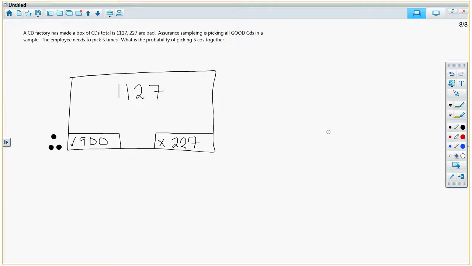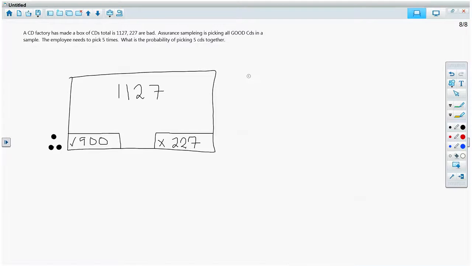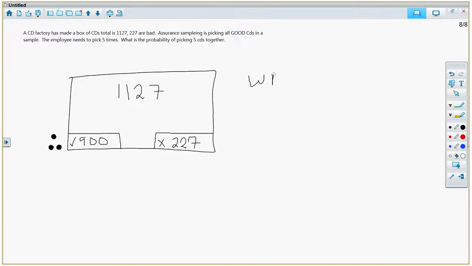Okay, now the question's asking you, what is the probability of picking 5 good CDs in a row? Well, you can take the 900 with replacement. That would be 900 over what? Over 1127, Hubert. Thank you, class. Raised to the what?